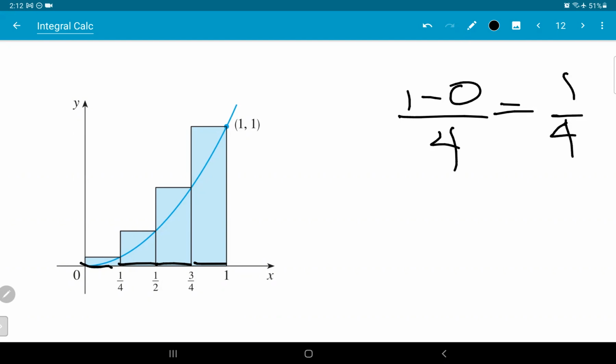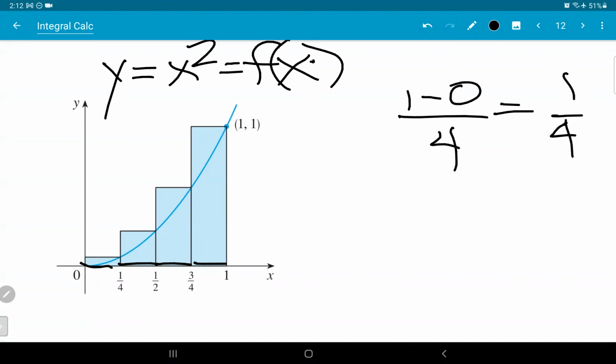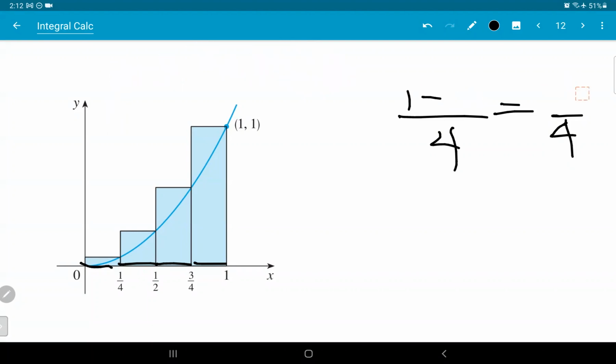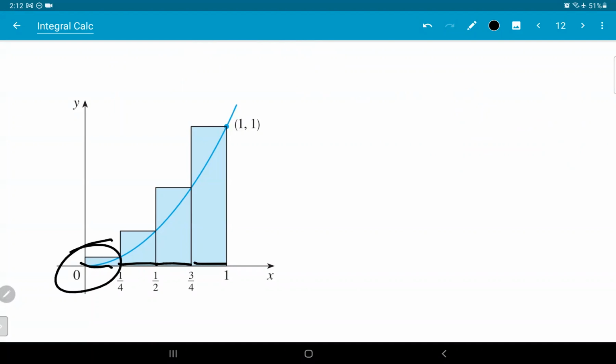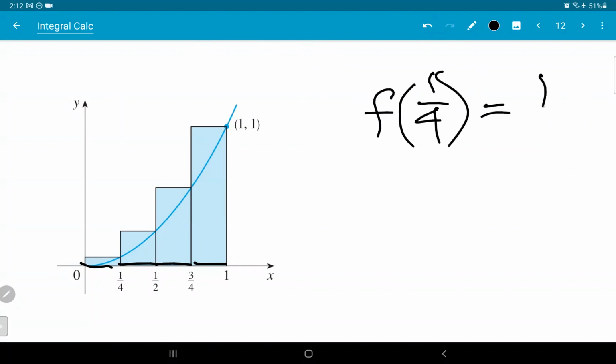And then to compute the height of each rectangle, we use the function y equals x squared to determine the height of each of those rectangles. So what is the height of the first rectangle? If you look at this rectangle here, the base is 1/4. The height is the function value at 1/4. And the function is so simple, you can just square, because f of x is x squared.